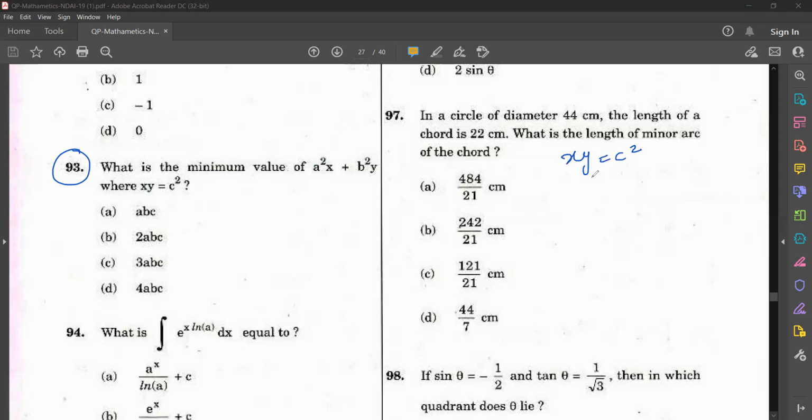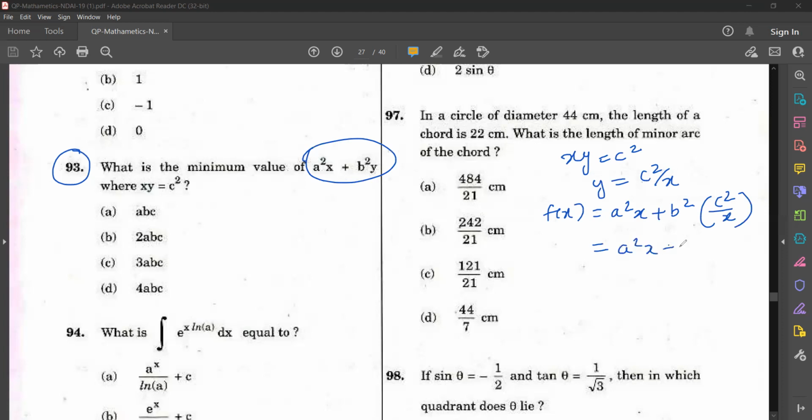So from that I can replace y as c square by x. So I'm going to put that here. That is my function f of x, that is a square x plus b square y. Y is nothing but c square by x. So a square x plus b square c square by x is the function.